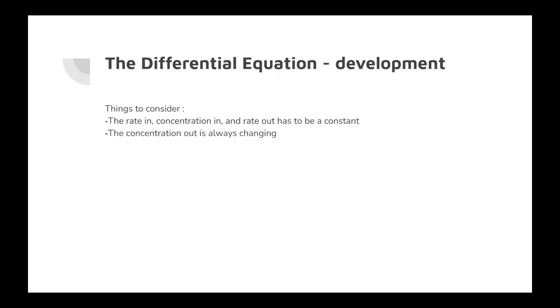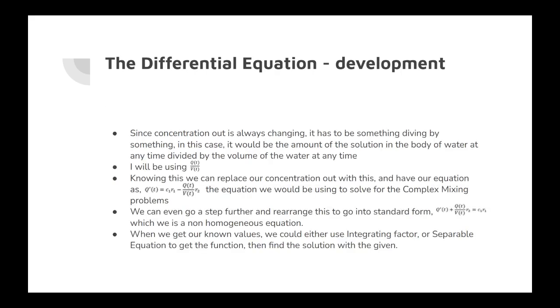So with that in mind, since concentration out is always changing, it has to be something dividing by something. In this case, it would be the amount of solution in the body of water at any time divided by the volume of the water at any time: Q of t over V of t, where Q of t is the amount of solution and V of t is the volume of water.